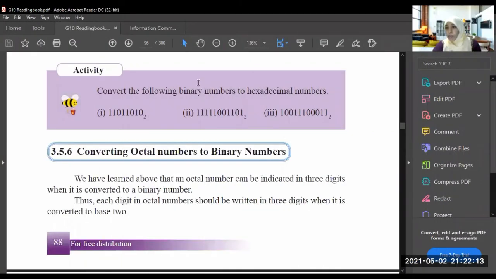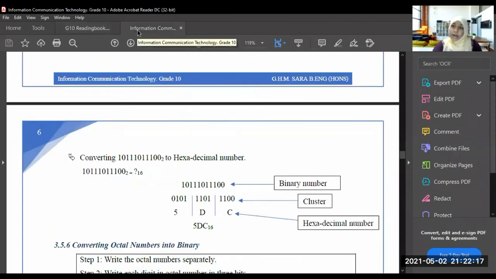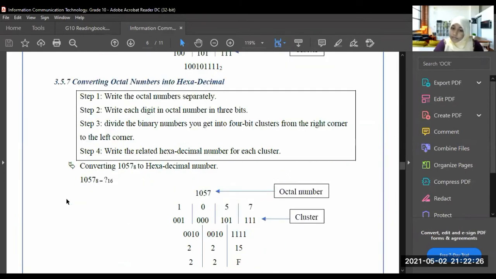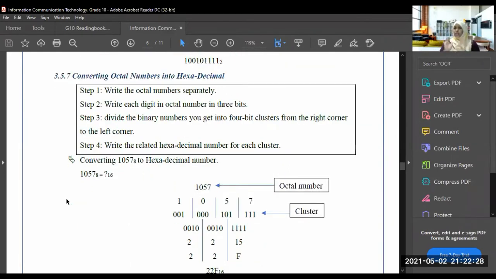Converting octal to binary. How to convert the octal into binary, right? The base 8 into base 2, right? Here it is also very easy, nothing to worry about, okay? Here what you should do is vice versa, right?